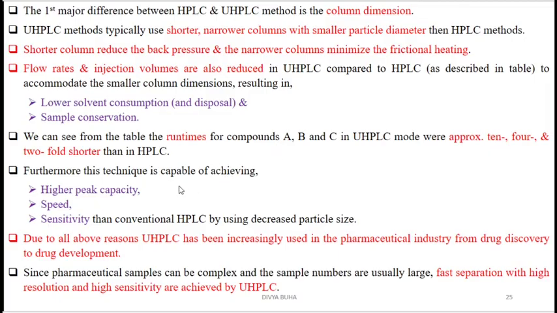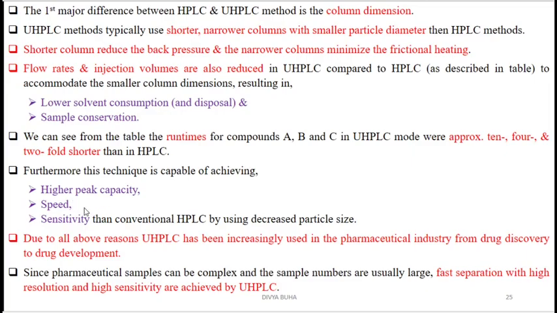So this technique, that is UHPLC, is capable of achieving higher peak capacity. We know that over here in UHPLC band broadening would be lesser. So the peaks would be narrower, the peaks would be sharper, okay, and the resolution power would be more.